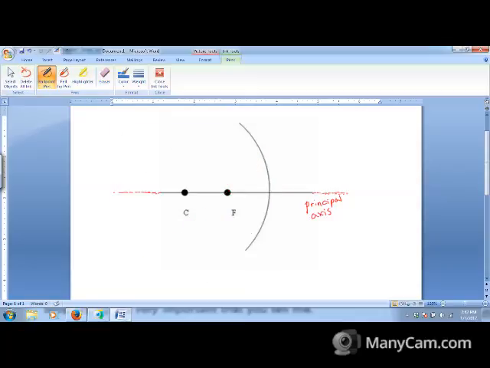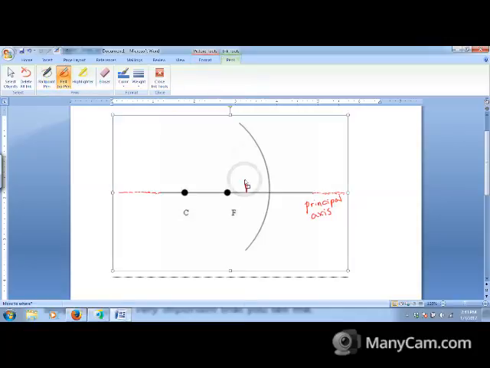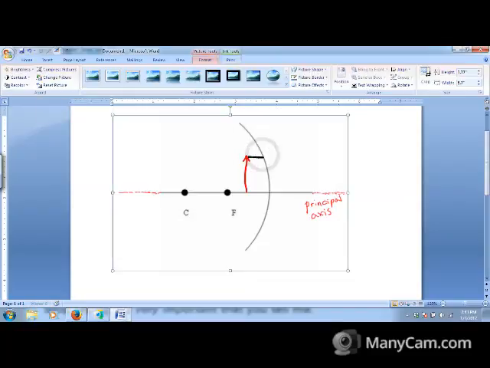All right, finally, the grand finale. What if it is past the focus? Okay, so here's my object. Pretend that's straight. Okay, and this object is going to get reflected. All right, so first I'm going to draw this through the principal axis, and it has to go through the focus.